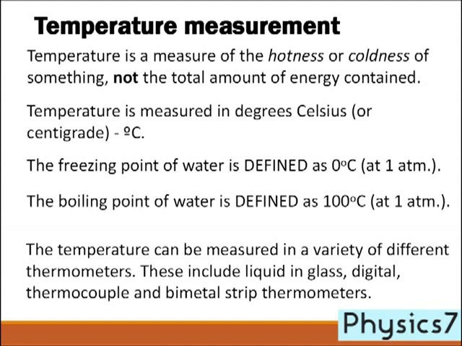In the old days that used to be mercury, but now there are different types of colored liquids used in these thin tube glasses that we call thermometers. But there are also other types of thermometers, for example digital thermocouples. And another type of thermometer is a bimetal strip thermometer.